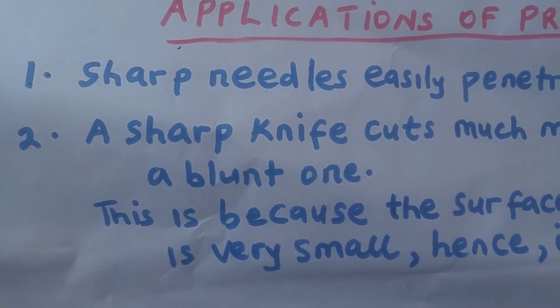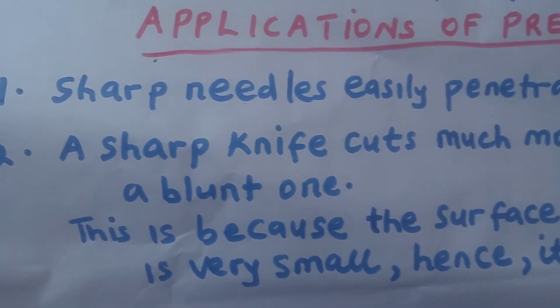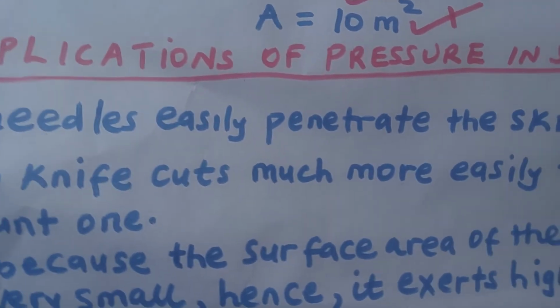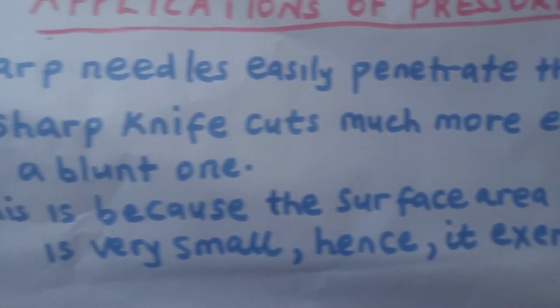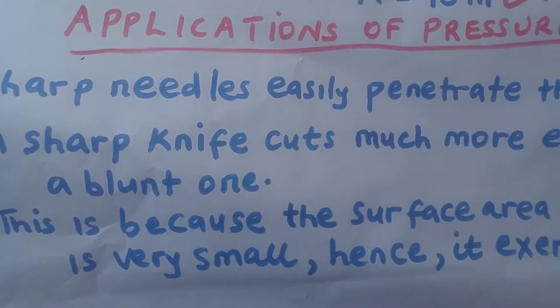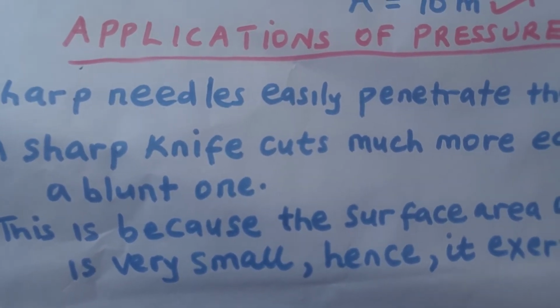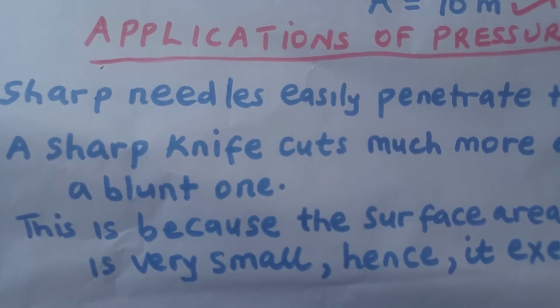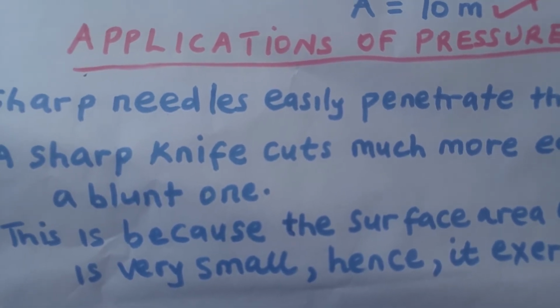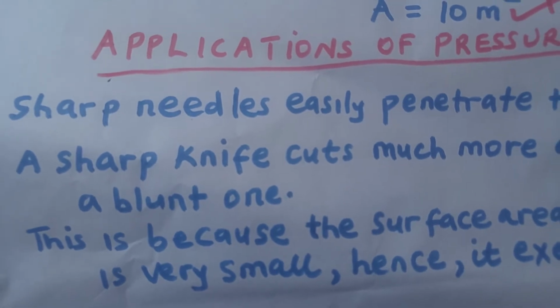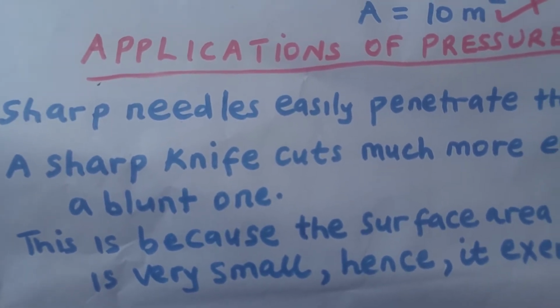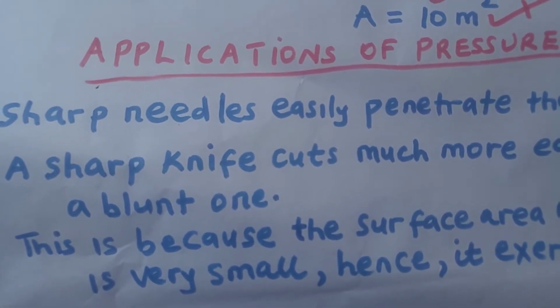I've just talked about this one. A sharp knife cuts much more easily than a blunt one. If you have two knives and one is sharp, one is blunt, the one which is sharp will cut. Sharp here means the area in contact, the area which is going to touch, is small.